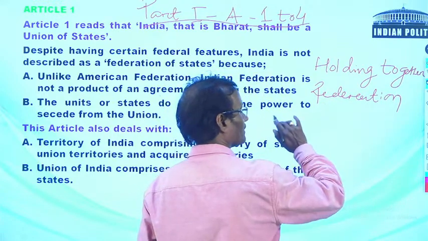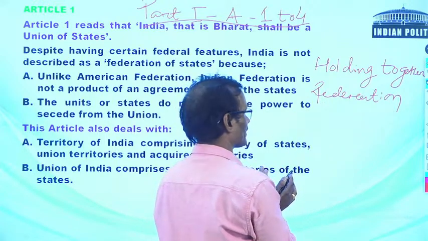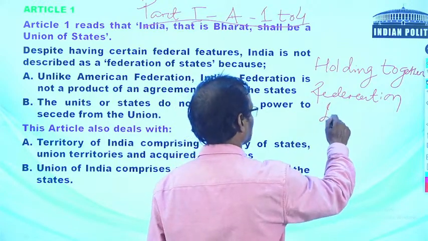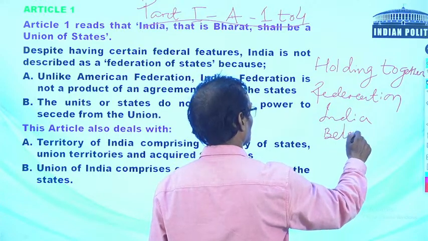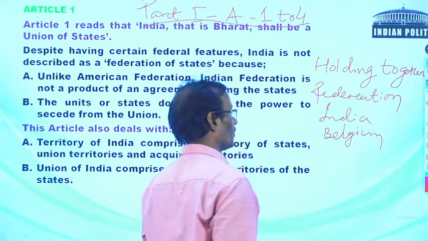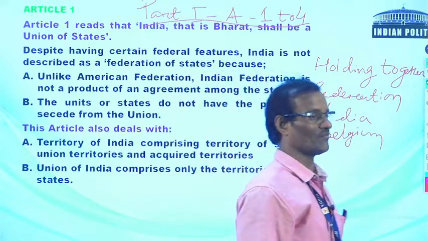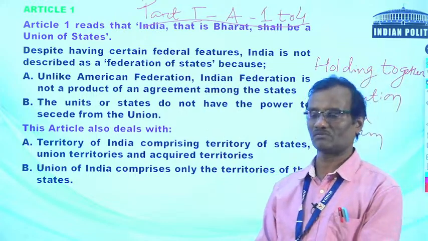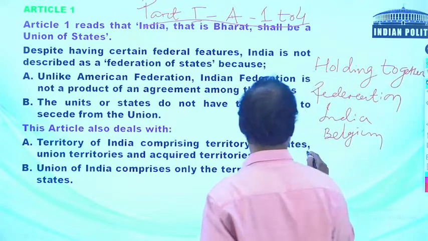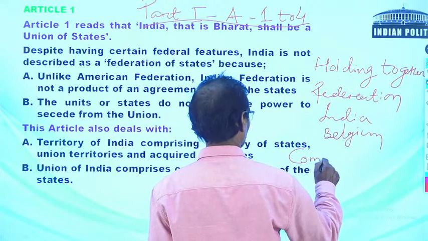They were there, they were just declared as a part. So India, Belgium, Spain are called holding together. America, France, Australia are called coming together federations.